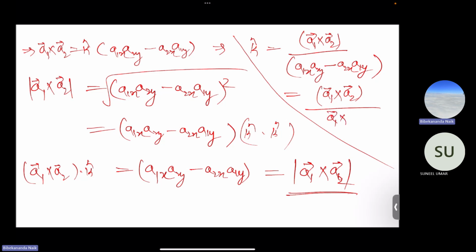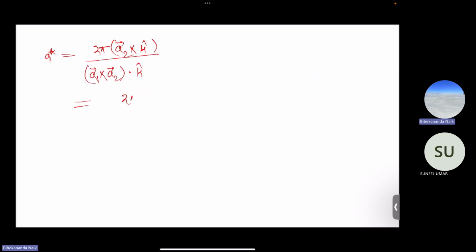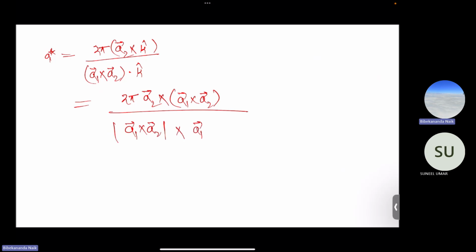Then this will be 2 pi A2 vector cross (A1 vector cross A2 vector) divided by the magnitude of A1 vector cross A2 vector into the magnitude of A1 vector cross A2 vector.